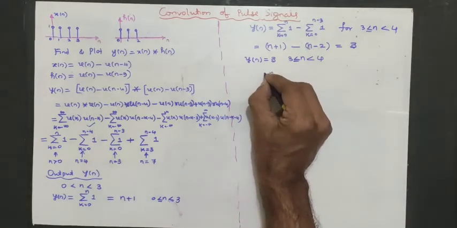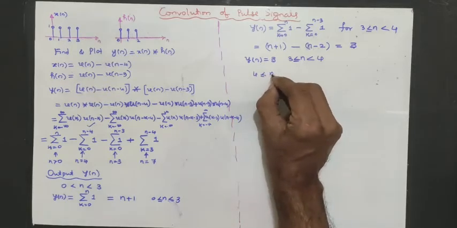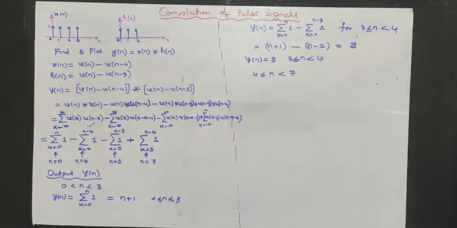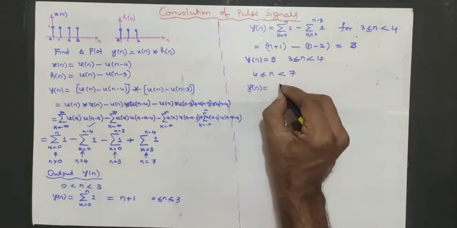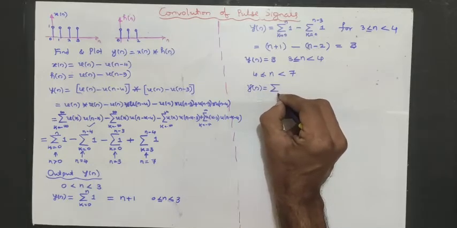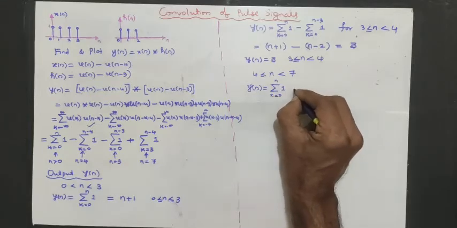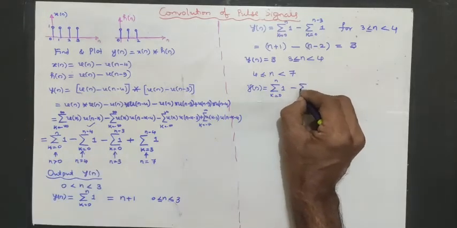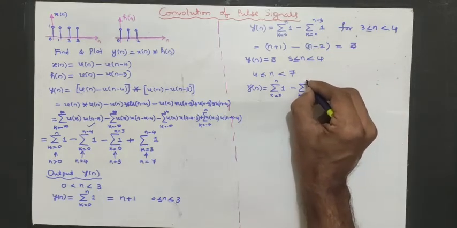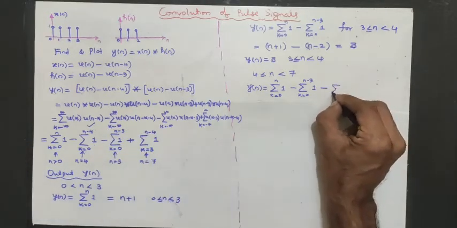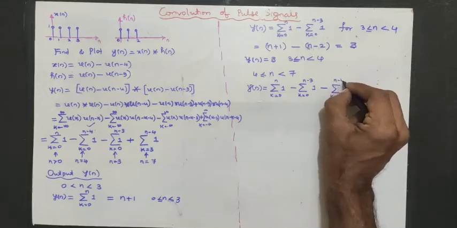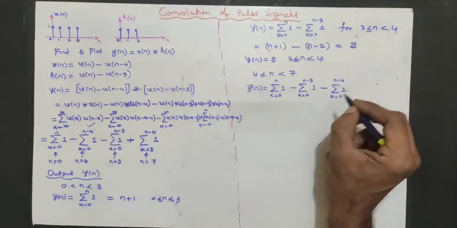Hence for n greater than or equal to 4 and less than 7, that means till 6, y of n becomes summation k equals 0 to n of 1, minus this term, which I have added a second time to the previous equation, summation k equals 0 to n minus 3 of 1, minus, now I am adding this term, summation k equals 0 to n minus 4 of 1.